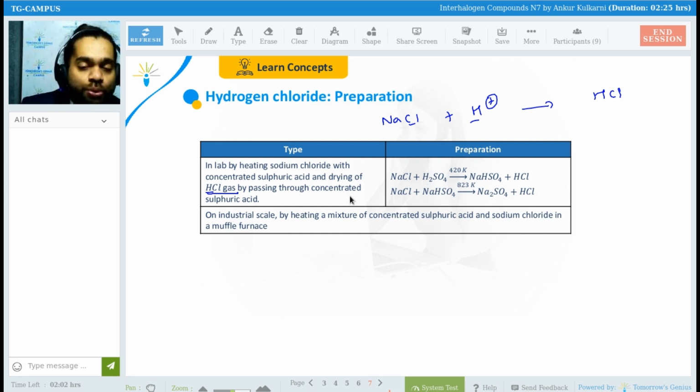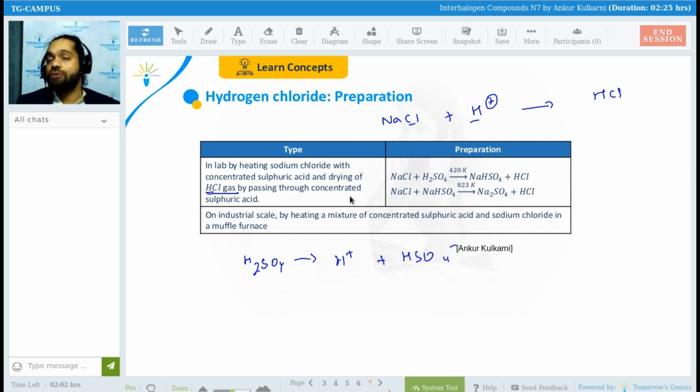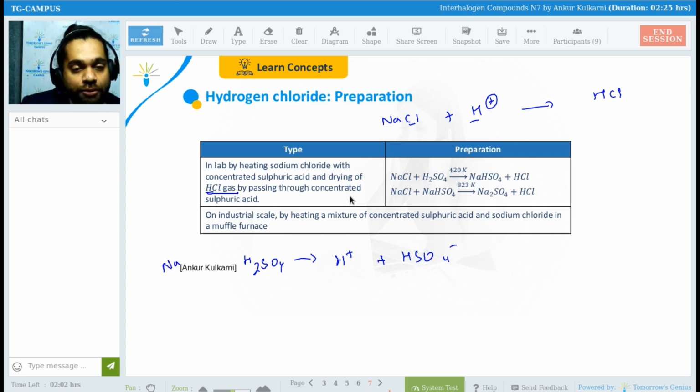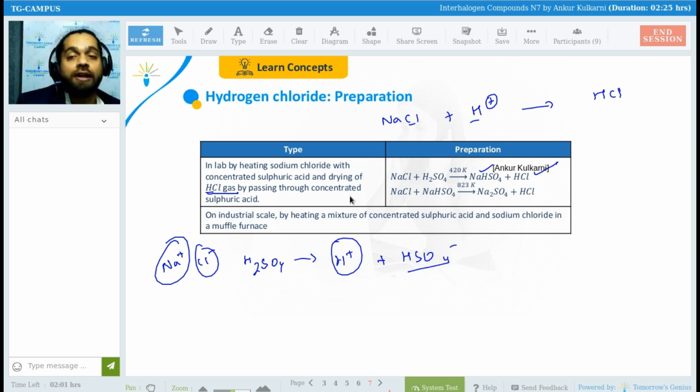For example, if I treat it with H2SO4, in the first step it dissociates as H plus and HSO4 minus. NaCl dissociates as Na plus and Cl minus. So H plus and Cl minus come together to give you HCl, and Na plus and HSO4 minus come together. This continues: if I add more sodium chloride, it will dissociate one more H plus and again give you HCl.